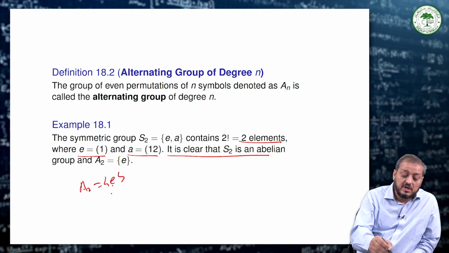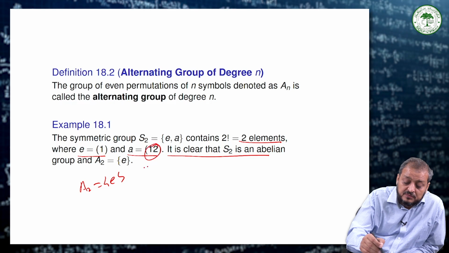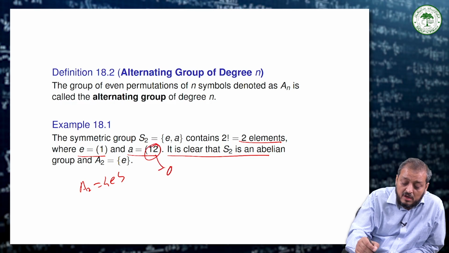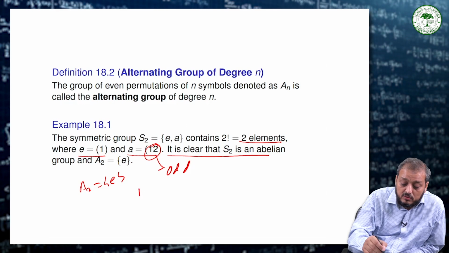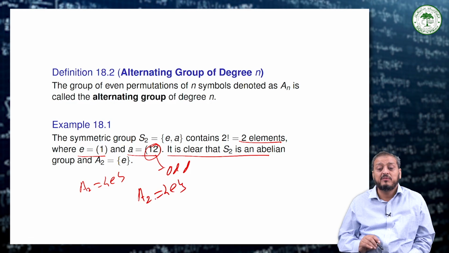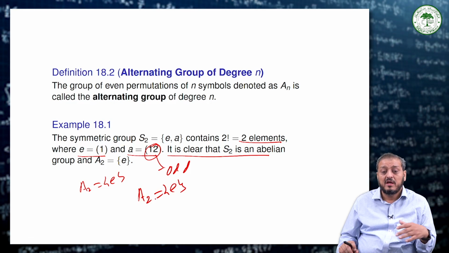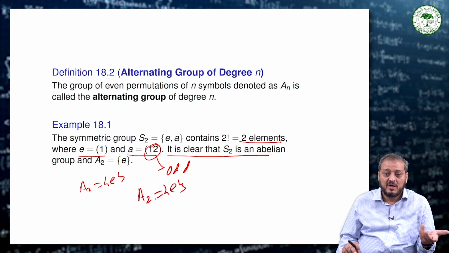So A2 has only one possibility, the identity, which is an even permutation. So clearly A2 is the identity and again is an abelian group.